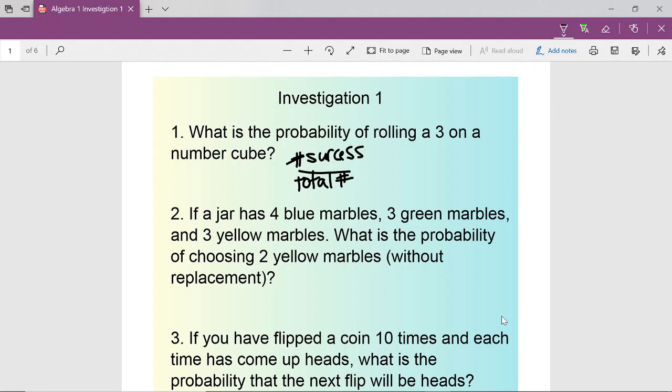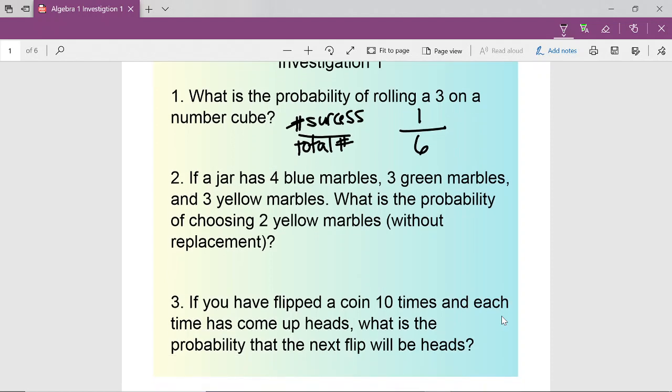On a regular number cube, we have 6 total sides, so 6 total possibilities, and only one of them is a 3. So we'd say the probability of getting a 3 is 1/6.